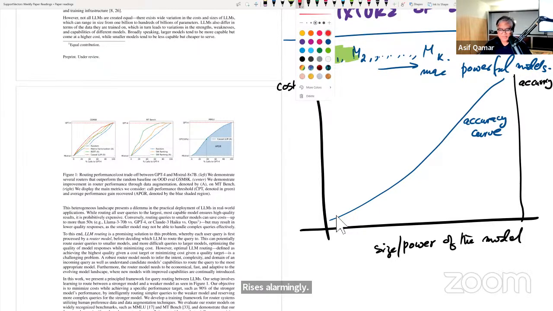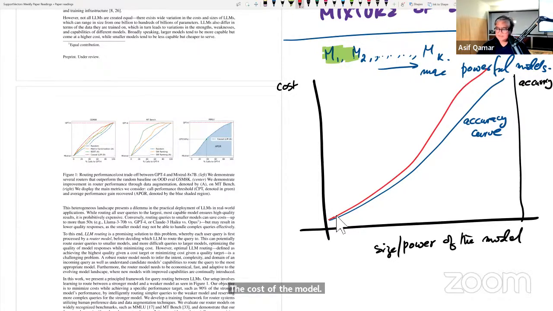The cost of the model is going up rapidly, isn't it? So the bigger the model, the more they charge you by the tokens, the better the model, right? And if you have a small enough model, let's say a weak model, it's practically free because you have it running on cheap hardware in-house, right?